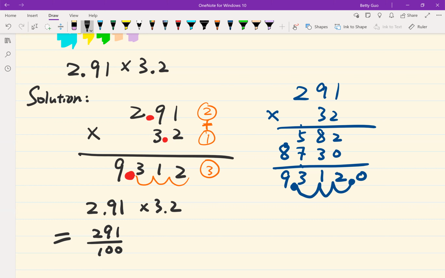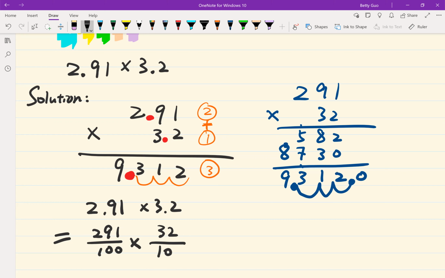Did we do a similar thing earlier? And the second fraction, 3.2. If we remove the separator, 3.2 will become 32, a whole number. So that's the numerator. Because 3.2 has one non-zero digit to the right of the separator, we have a 10 on the bottom.